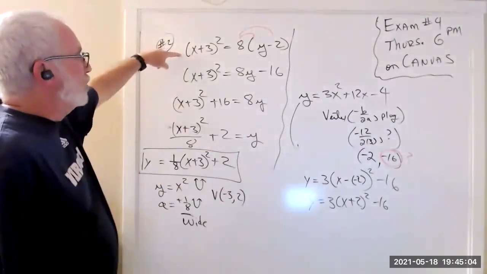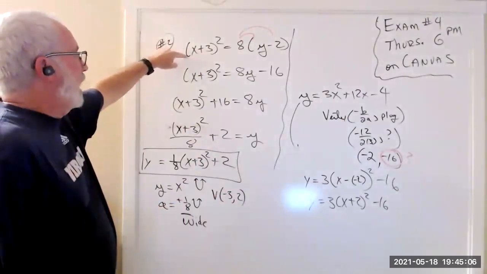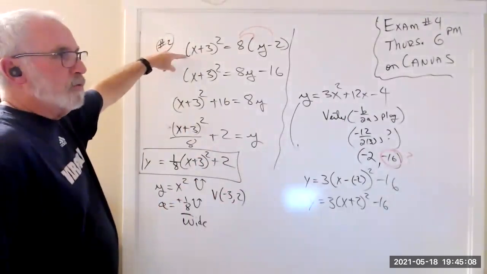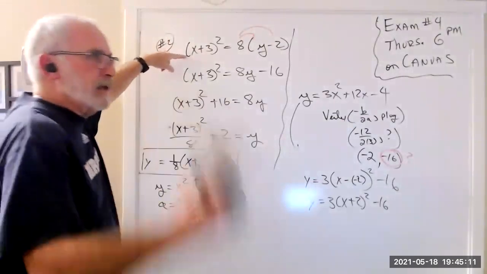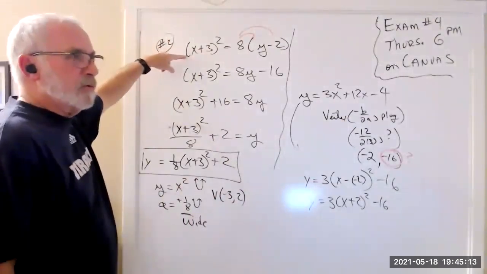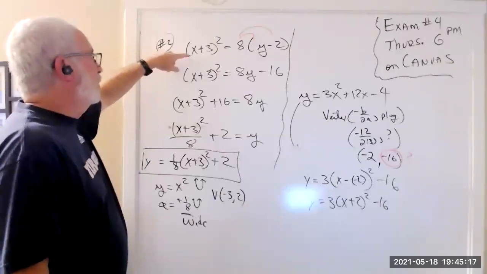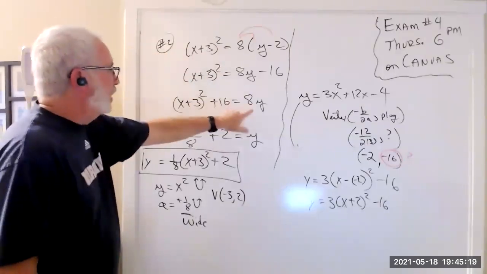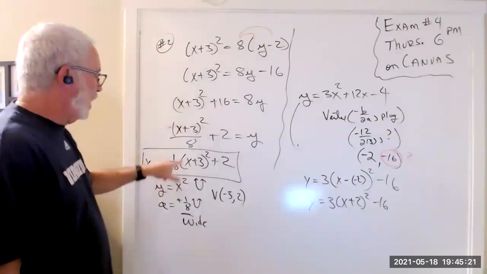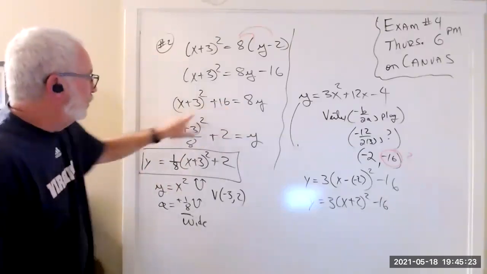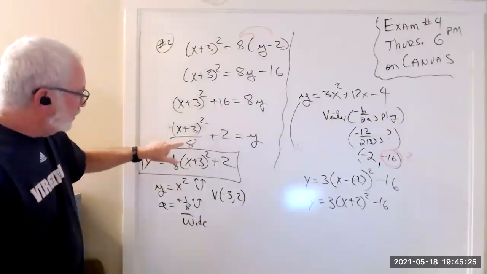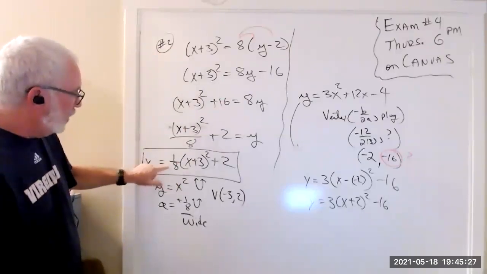First question here was about how you take something in one form and make a rough guess at what shape it is. The key was to get y alone. You divided both sides by 8, but you had to remember that division by 8 is the same as multiplying by 1/8.